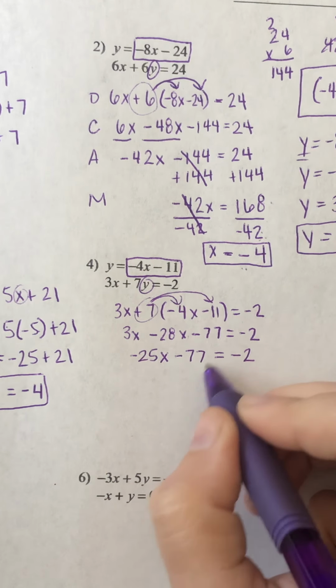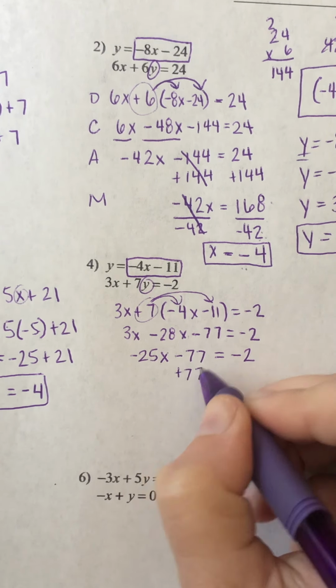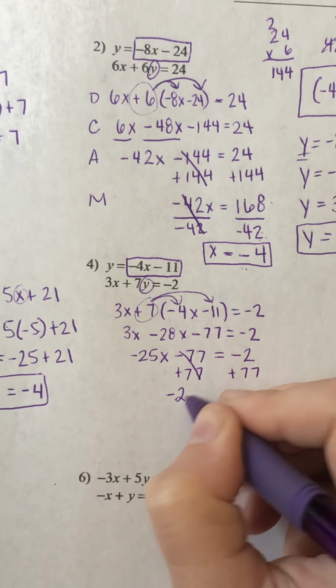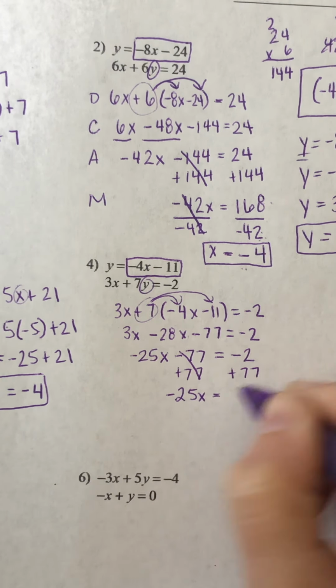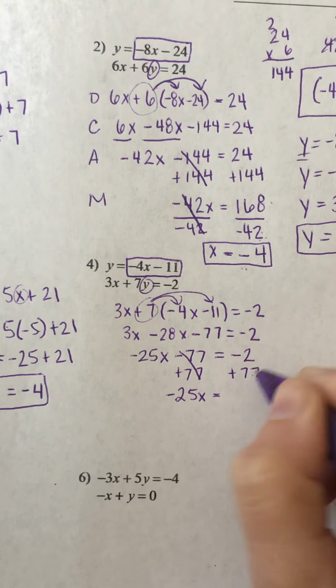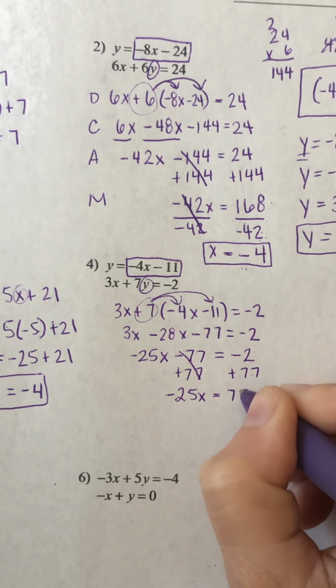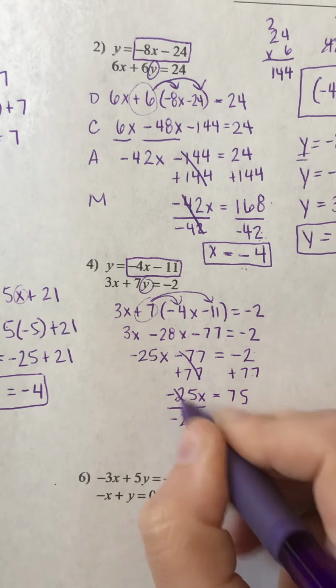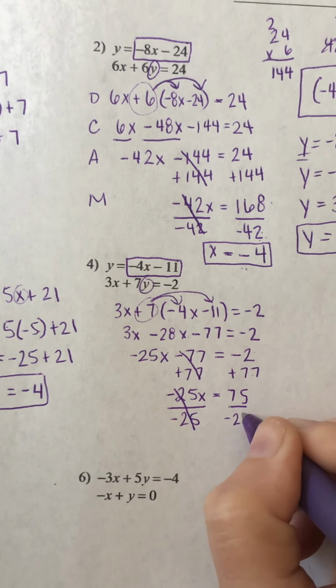Gonna take this -77 and add it to both sides. We're going to end up with -25x equals, and this is going to give us 77 minus 2 is 75. So we're going to divide by -25 here and divide by -25 here.